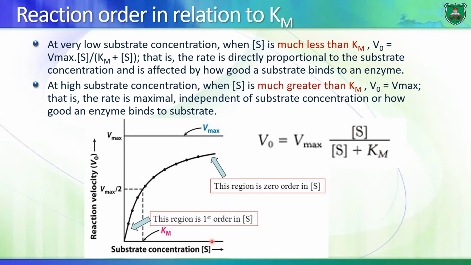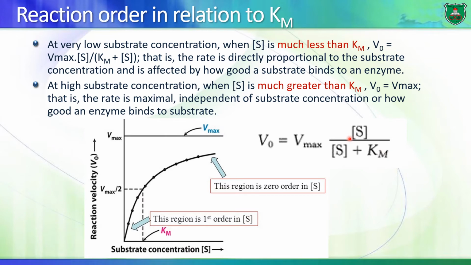Now at very high substrate concentration, the effect of Km becomes minimal, right? And no matter how much you increase substrate concentration, the rate of the reaction is not affected. Okay, because this would be almost a value of 1, right?